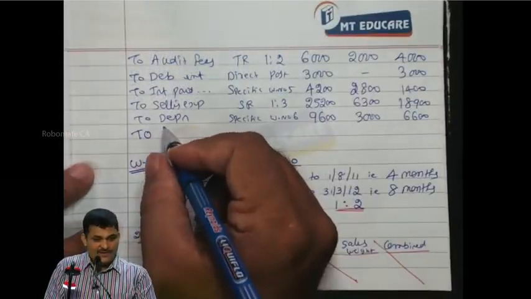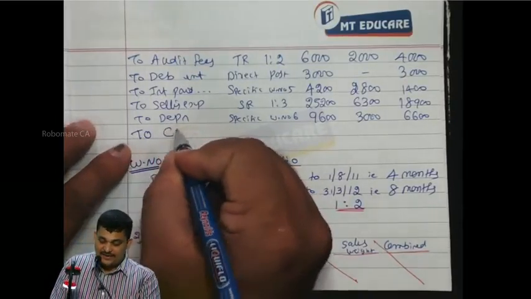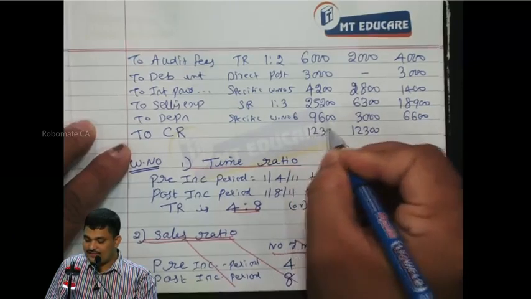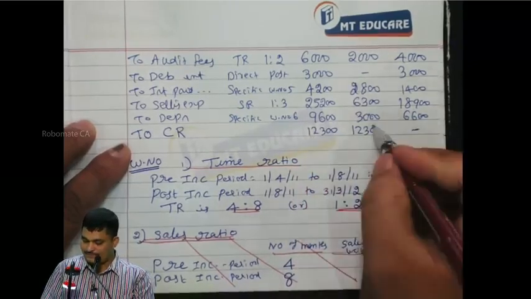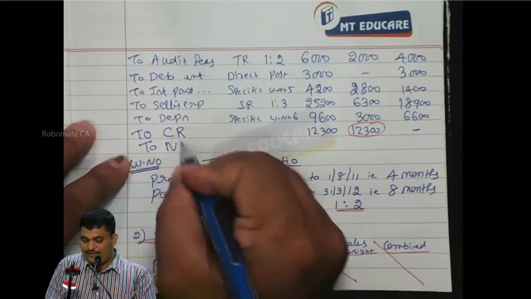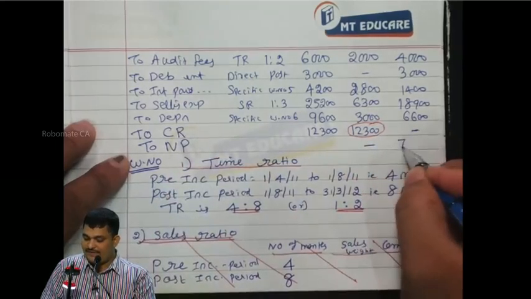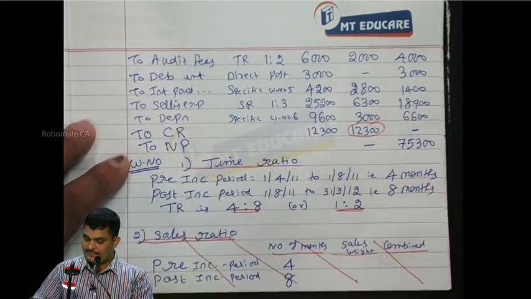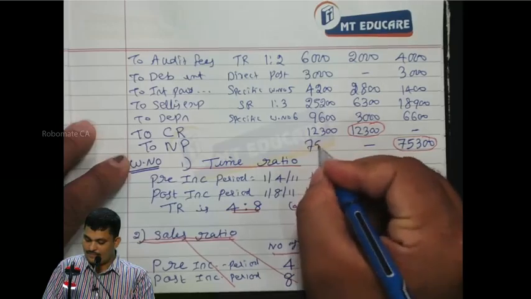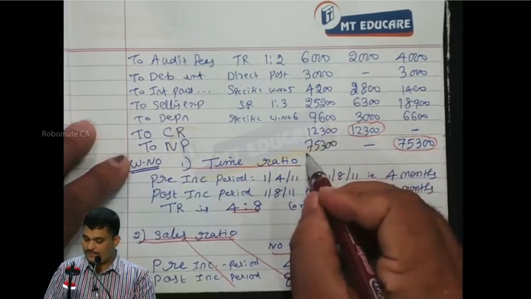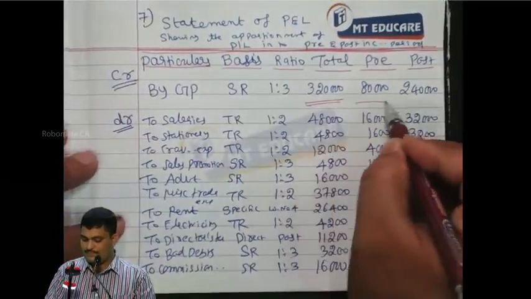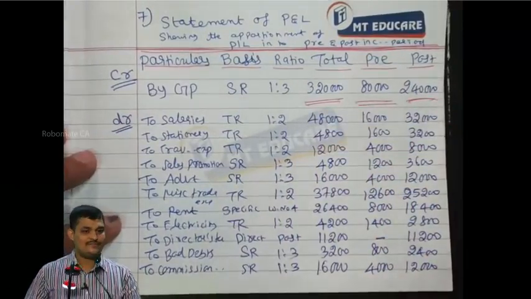Profit will be considered as capital reserve. 12,300, 12,300. To net profit 75, that's all. 8 marks.